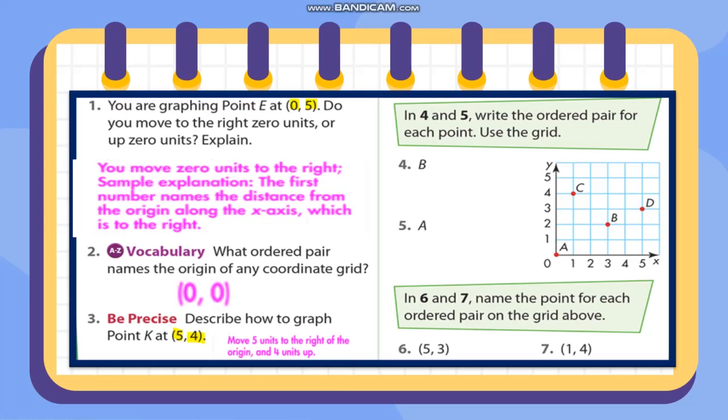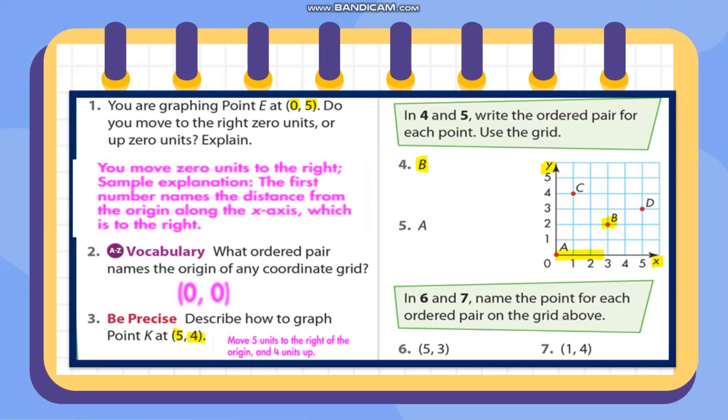Next, write the ordered pair for each point using the grid. So this is our grid. We have the x-coordinate and the y-coordinate. We need to locate letter B. Where is letter B? This is the point of letter B. Always start from the point of origin.